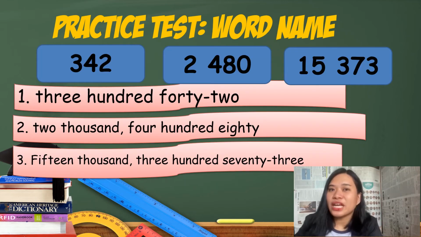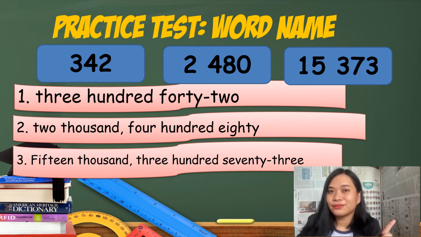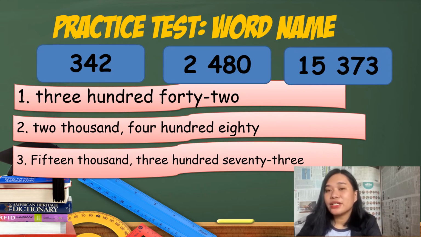Try also to express the following numbers in word name. Number 1, 342. The answer is very good. Number 2, we have 2,480.